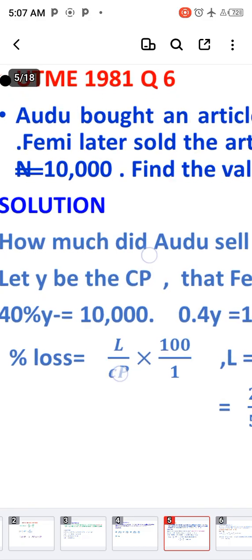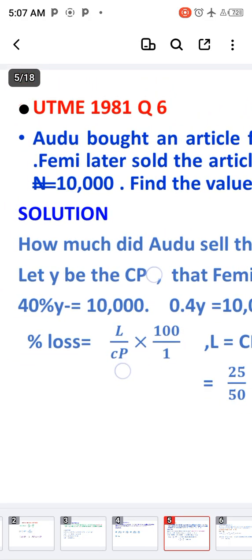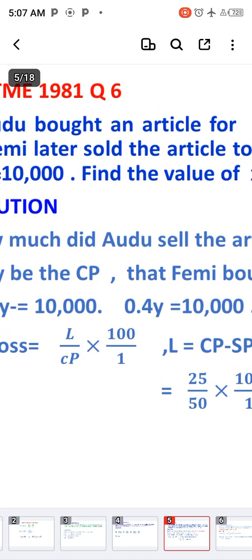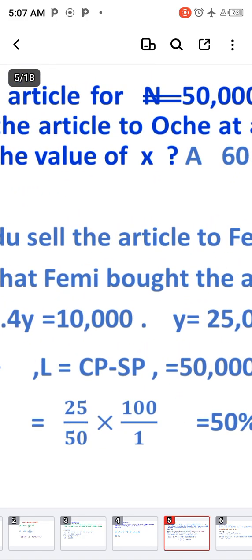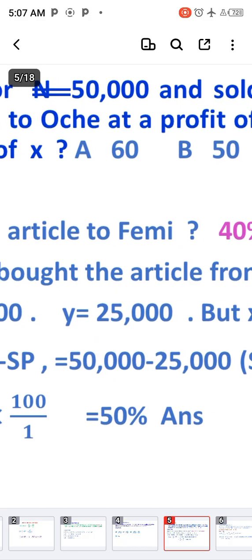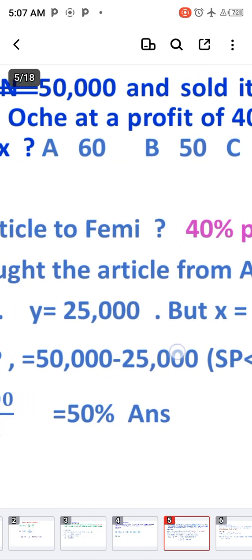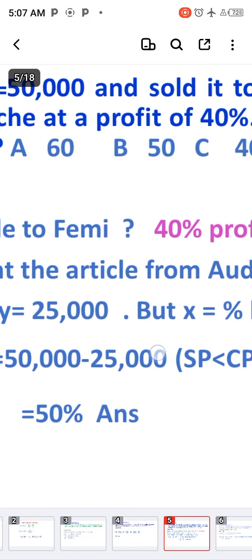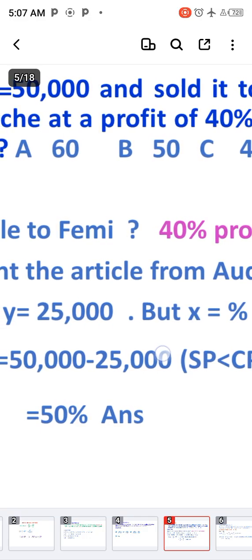We have used 0.4 to divide 10,000, and that will give us Y is equal to 25,000. So Y is equal to 25,000.